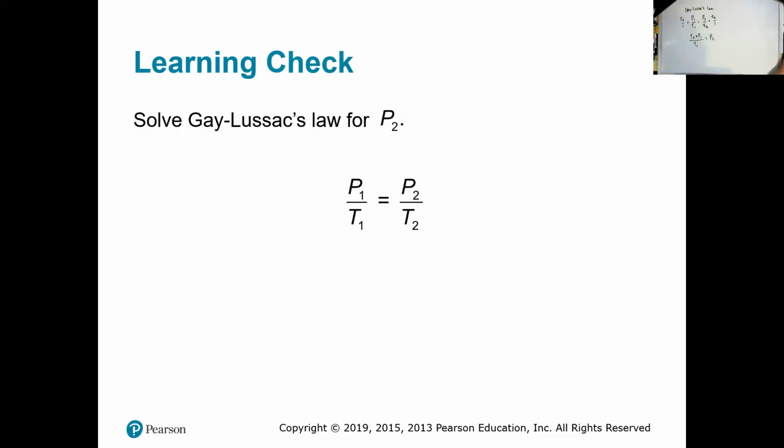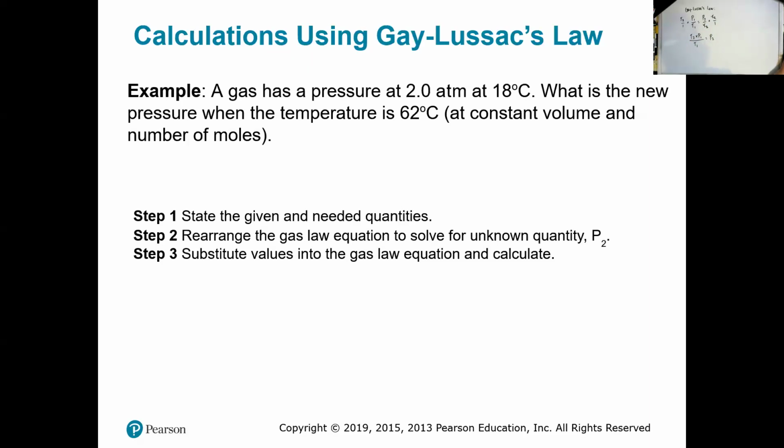All right. Let's take a look at this question here. A gas has a pressure of 2 atmosphere. I'm going to write down some of this information while we read it. At 18 degrees Celsius.